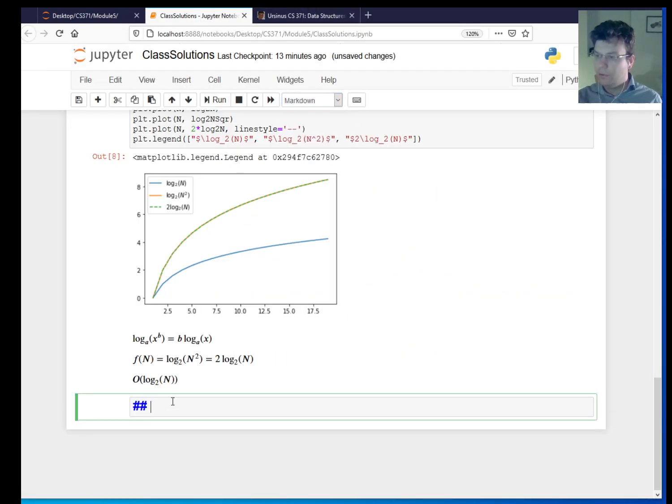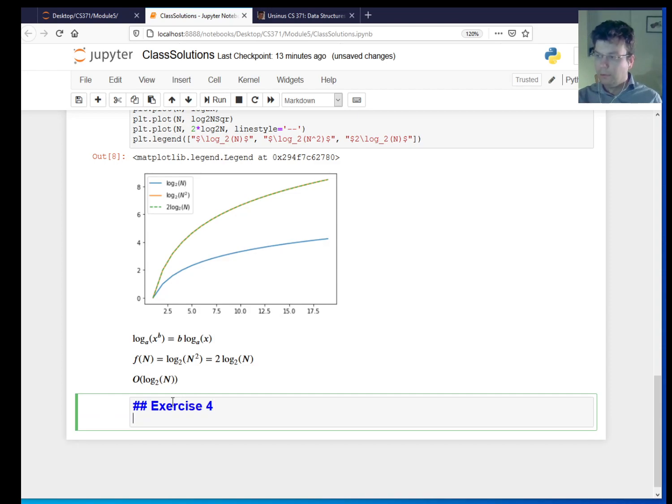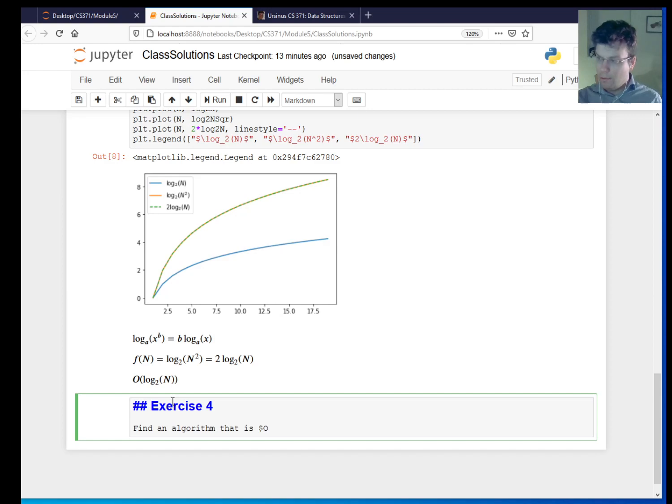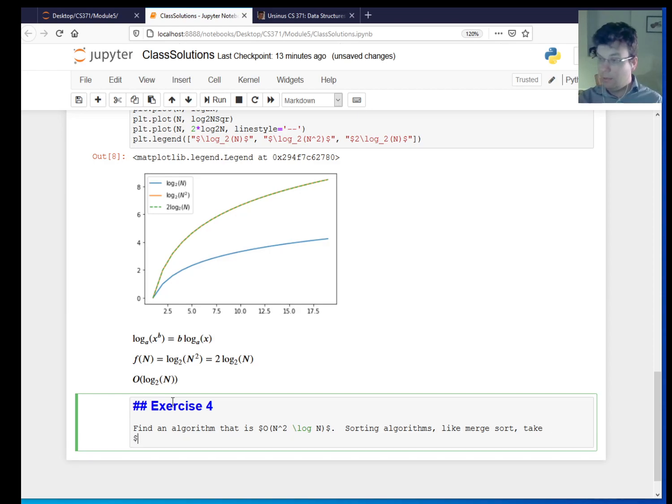All right, so exercise 4. Find an algorithm that is O of n squared log n. One of the things that we said is sorting algorithms, like merge sort, have a timing function T of n equal to a n log base 2 of n.